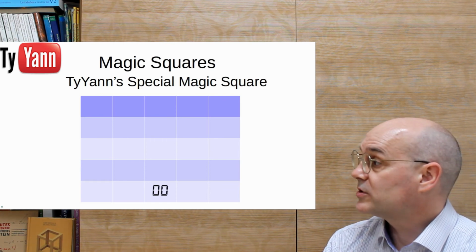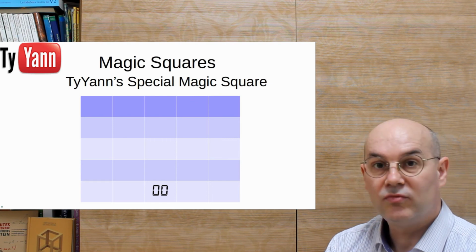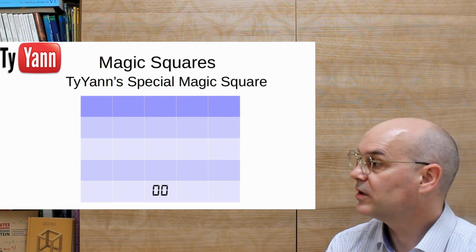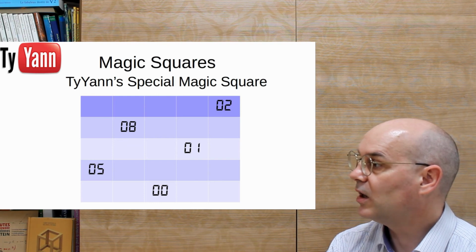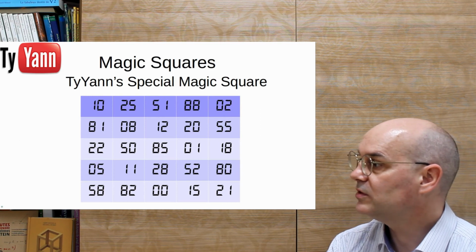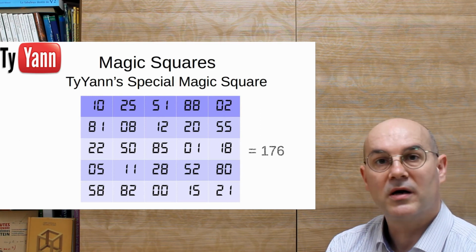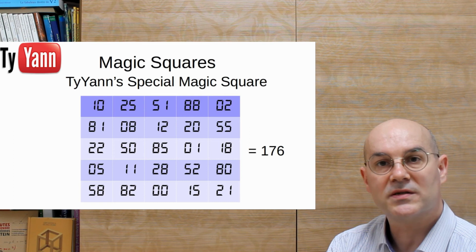For example, we start at the bottom right there and move up. You remember the knight move, and if we cannot move, we go up right, up left, and we finish this beautiful magic square with a magic constant equal to 176.